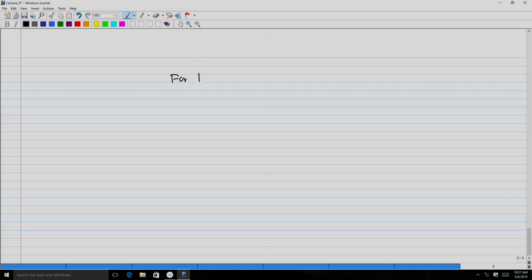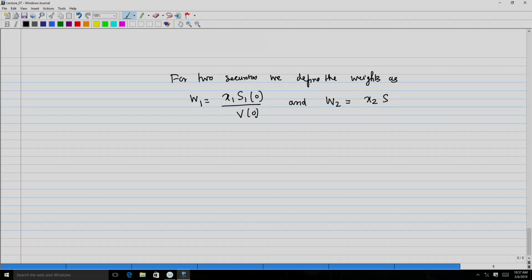Therefore, for two securities, we define the weights as W1 is equal to x1 S1 0 over V0 and W2 is equal to x2 S2 0 over V0.